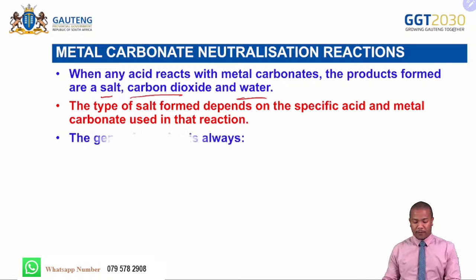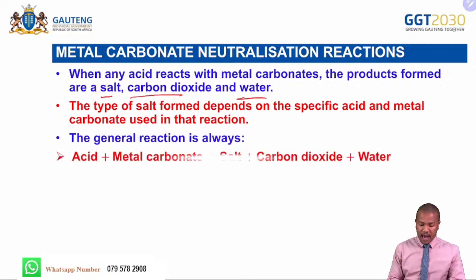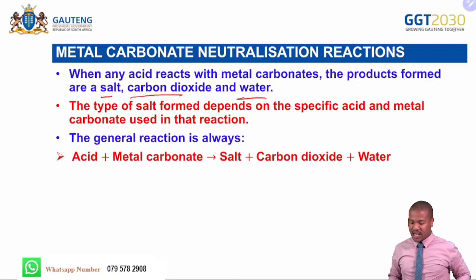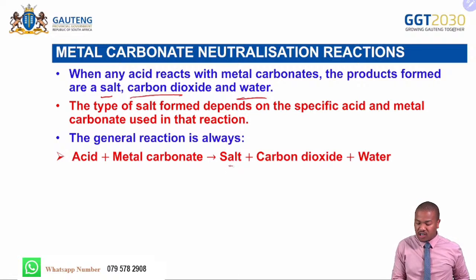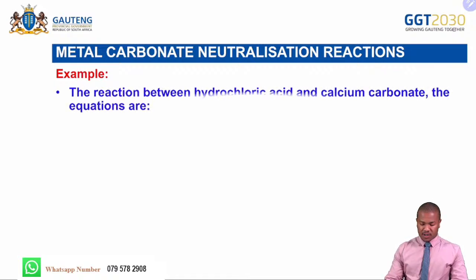So now moving on. Here's the general reaction of acids with metal carbonates. It is an acid plus a metal carbonate forming a salt plus carbon dioxide plus water. So we form 3 products from that reaction. Also, let's look at more examples.